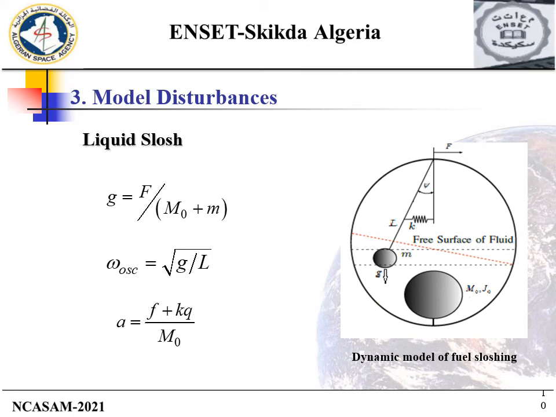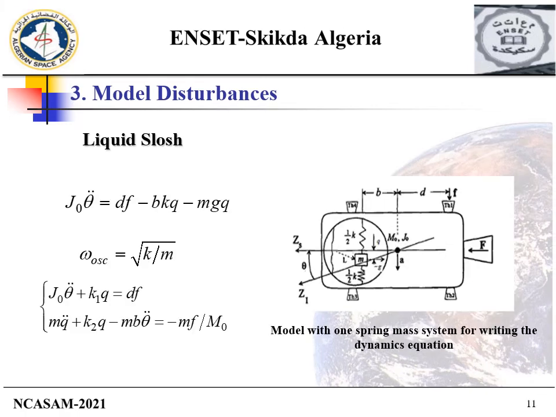The moment of inertia about the center of mass is zero, and M represents the moving sloshing part of the fluid, which can accelerate in the direction opposite to the force, M0, as a consequence of the applied force.